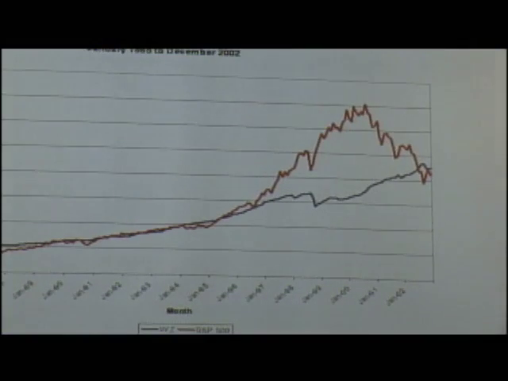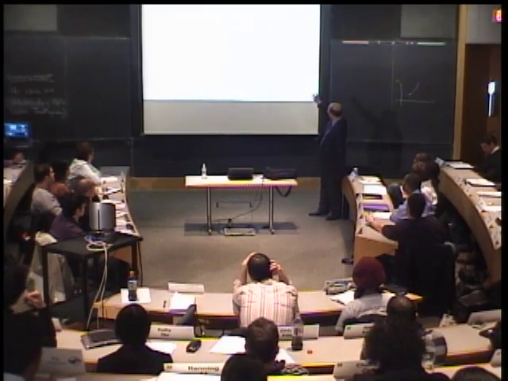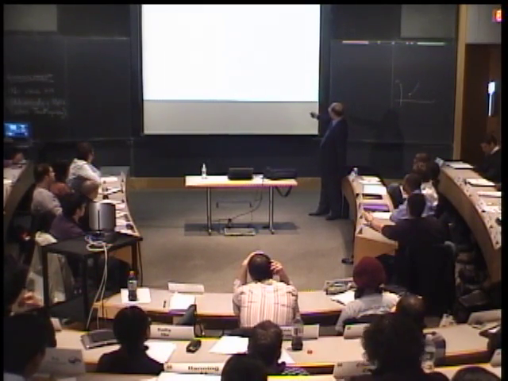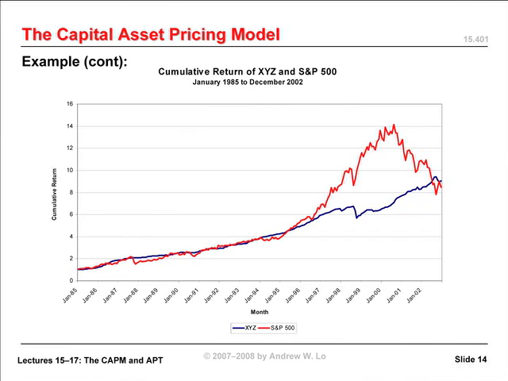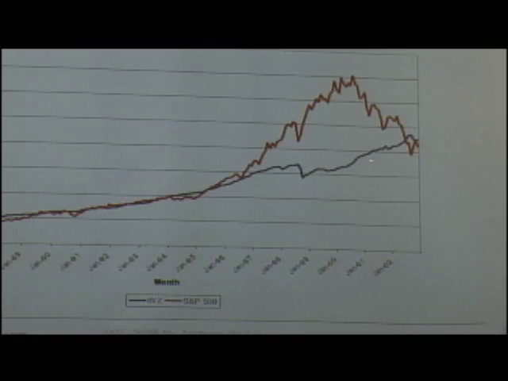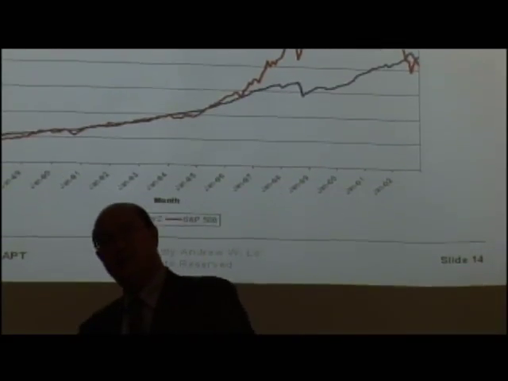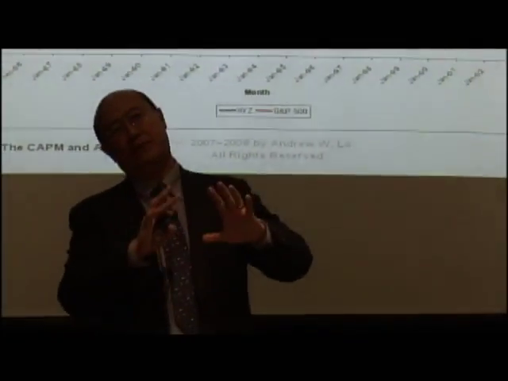That's why looking at volatility can be misleading. If you look at volatility, you'd say, well, obviously the S&P has done better, but keep in mind how smooth the blue line is. And the lesson of the CAPM is that investors pay for smoothness, but only a certain kind of smoothness. In other words, smoothness means low volatility, right?